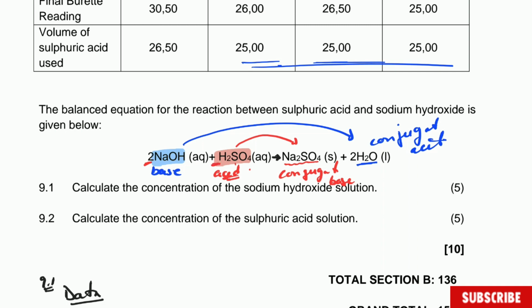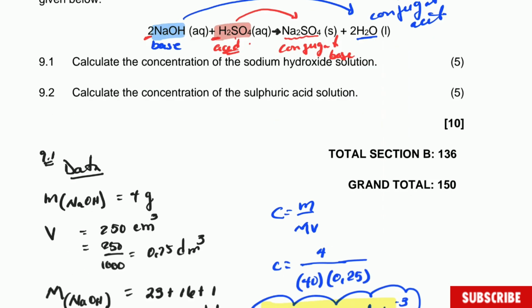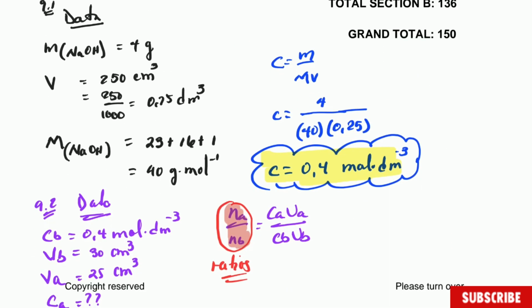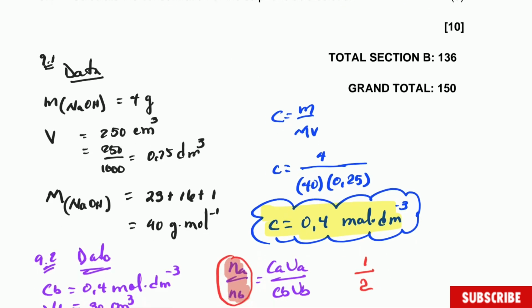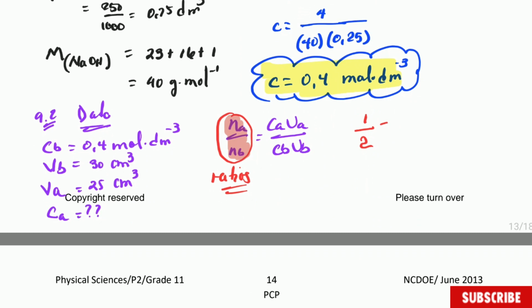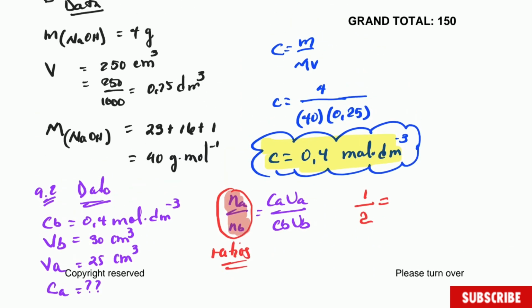The ratios are the numbers at the front. Okay, so we're going to start substituting the ratios. For the acid we have 1, for the base we have 2. You can see it there, guys. It is in the equation. 2 for the sodium hydroxide, 1 for the sulfuric acid, and then the rest is just substituting what you have.